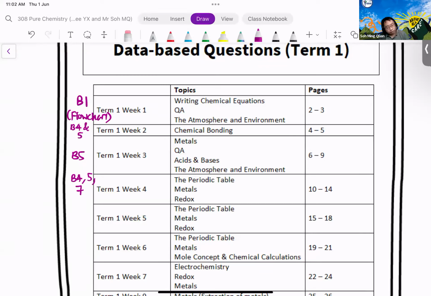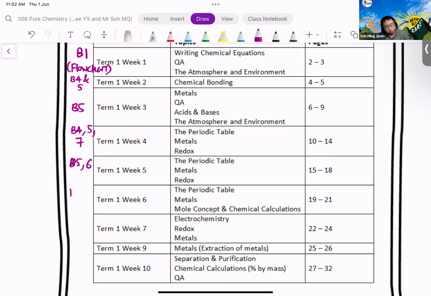Term 1, week 5, skill number 5 and 6: providing reasoned explanations for relationships and patterns, and also suggesting hypothesis. Term 1, week 6, selecting info and solving problems. Term 1, week 7, we go back to reasoned explanations and hypothesis.